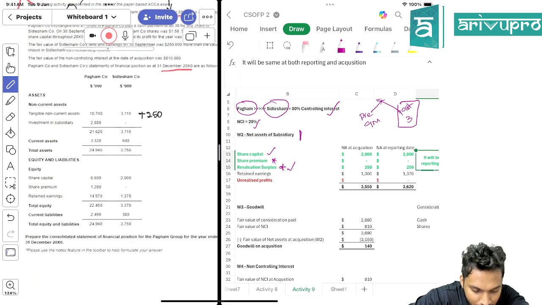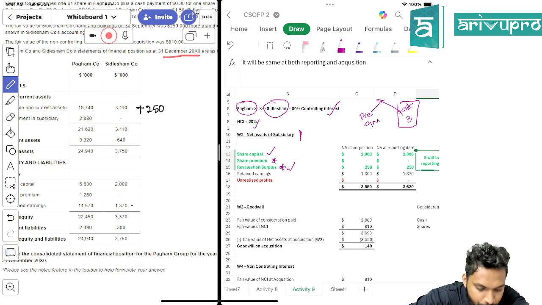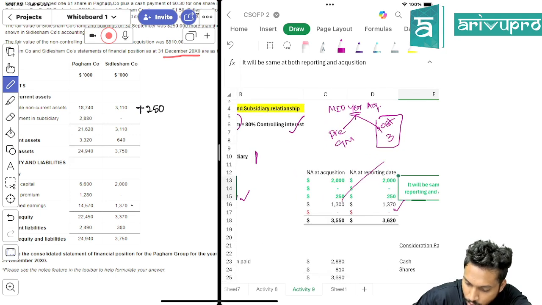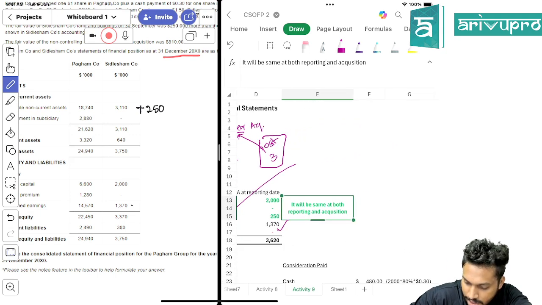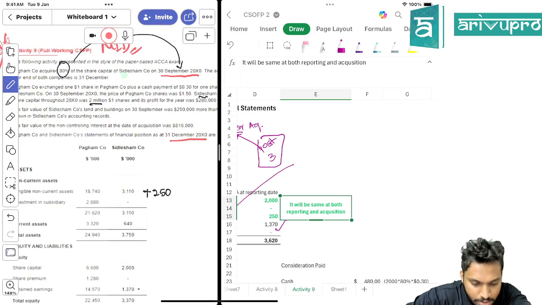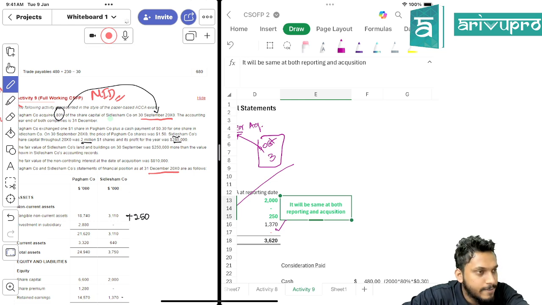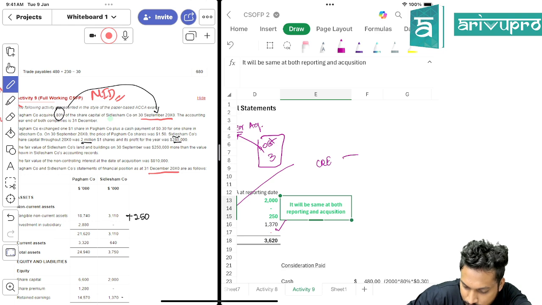The reporting date you can directly get, it is 1370. But at the acquisition date, can you take it directly? No. So for the acquisition date, now see, the profit for the period is 280,000. So closing retained earnings was 1370.